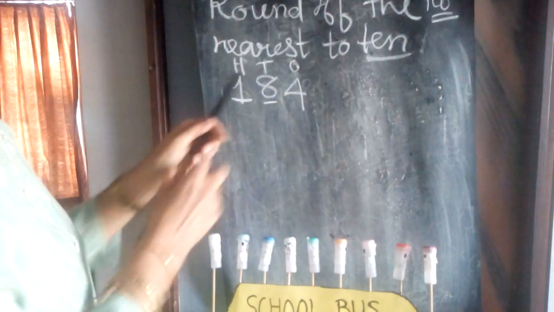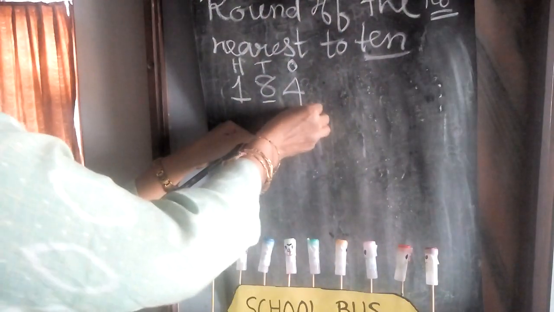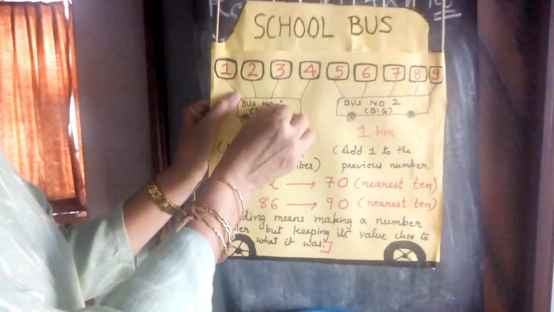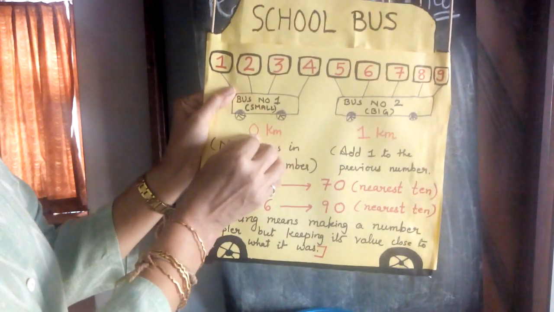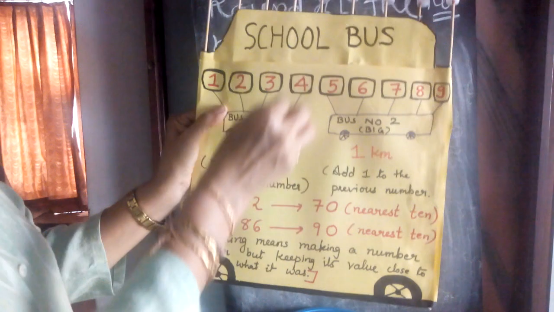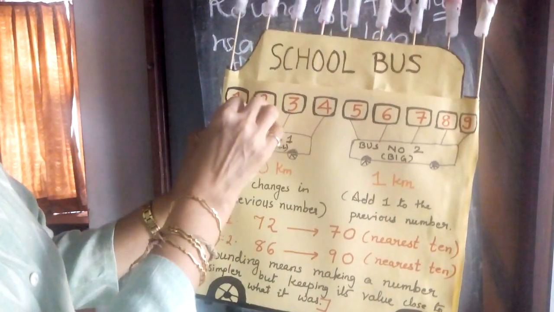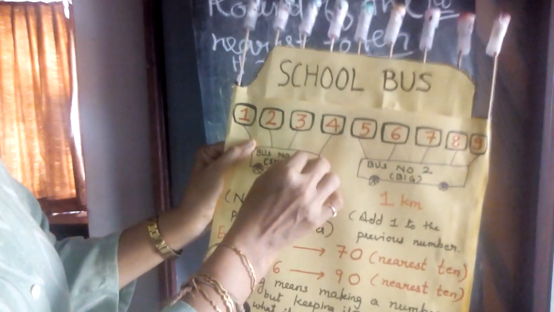Now see children, in the ones place which number is there? 4. Now 4 means 4th standard. So now children, 4th standard is in which bus? Bus number 1. So they are small. So here I have mentioned 0. So 4, because 4 is lesser, a small number. If the numbers are 1, 2, 3, 4, that means they are small numbers.